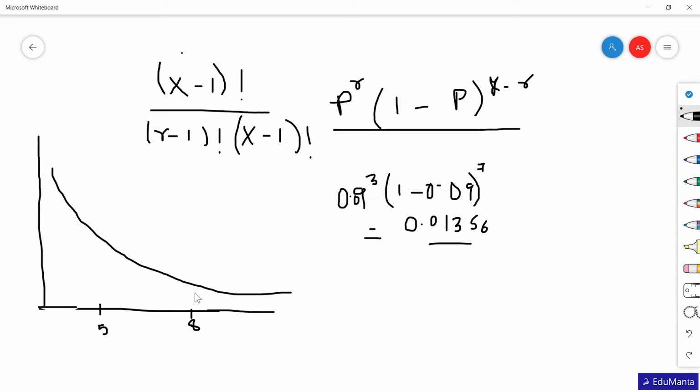So here it is 5 minutes, and here it is 10 minutes. First we are going to calculate the probability of completing the homework in less than 8 minutes, so this will cover the whole entire area up till here, under the distribution.